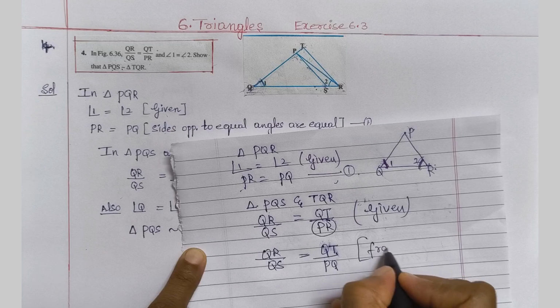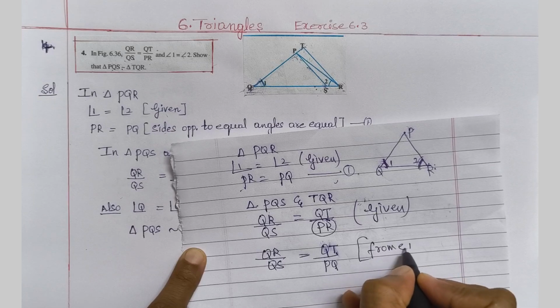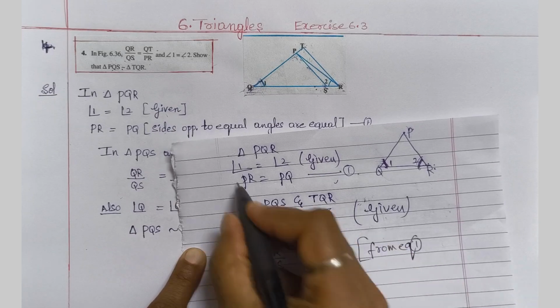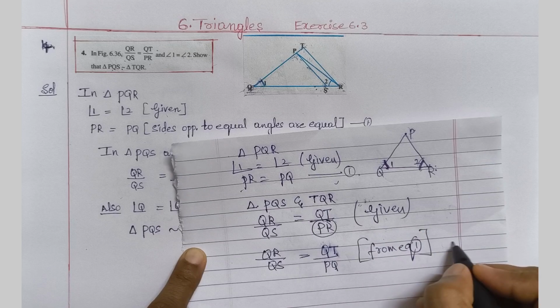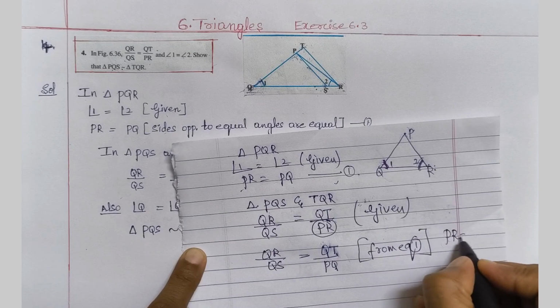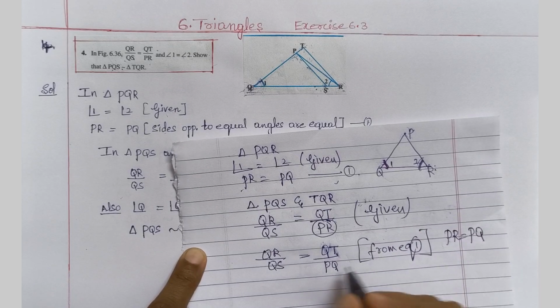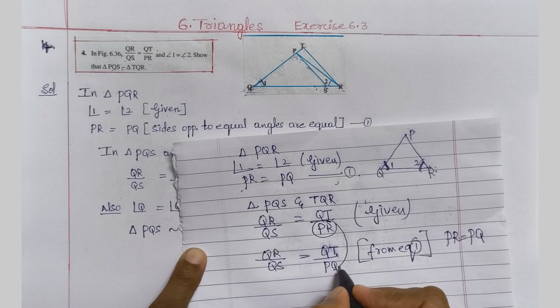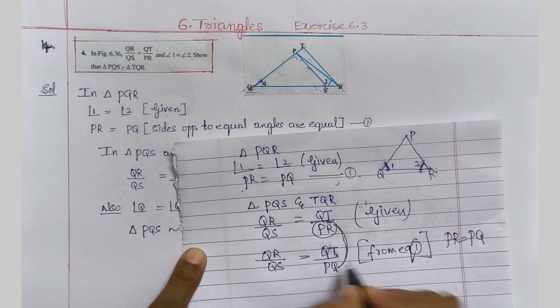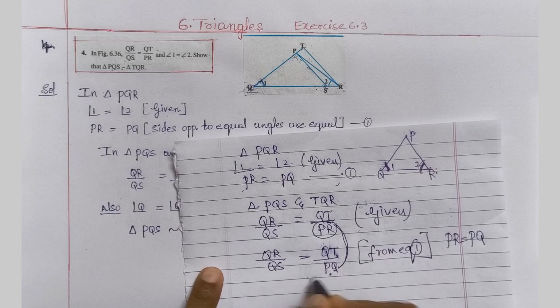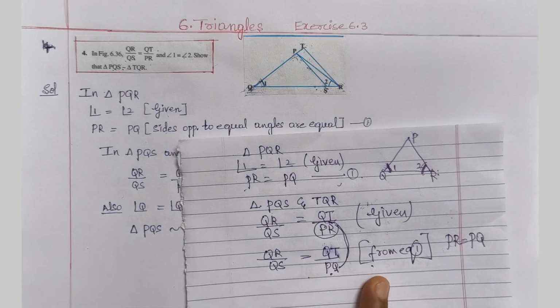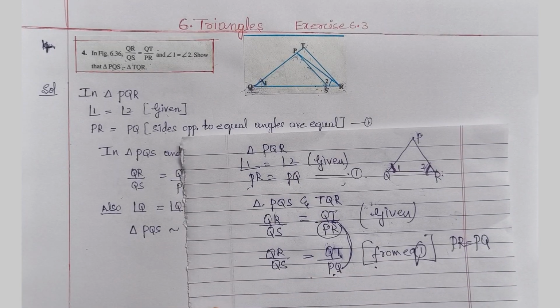Just now we proved PR is equal to PQ. Both are equal in length, so you can write PQ in place of PR. Now these two sides are proportional. Keep this aside.